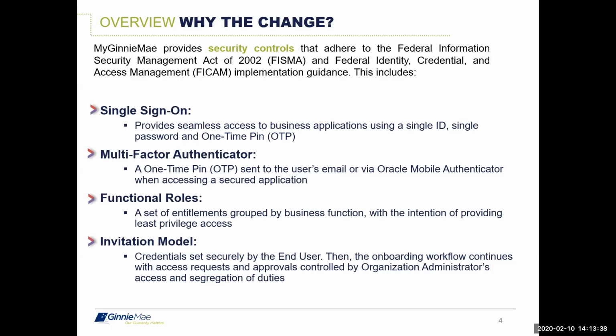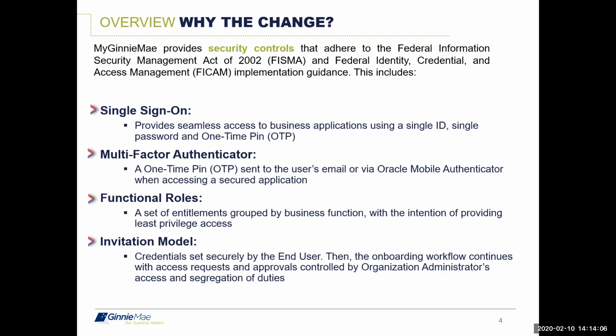So what do you get with MyGinnieMae? You get single sign-on, which we just talked about. That means you no longer have to have a separate username and password for each application. You just have one username and one password, and through that, you single sign-on into the portal. There's also multi-factor authentication. So I mentioned OTP, or one-time PIN. What happens is after you've entered your username and your password, you will be prompted for a PIN.